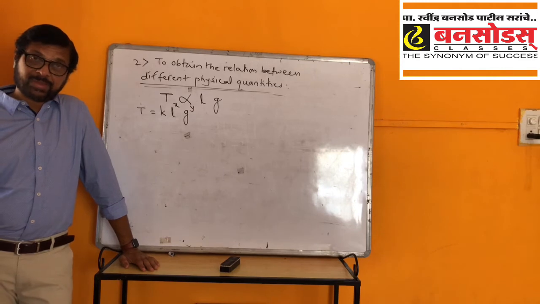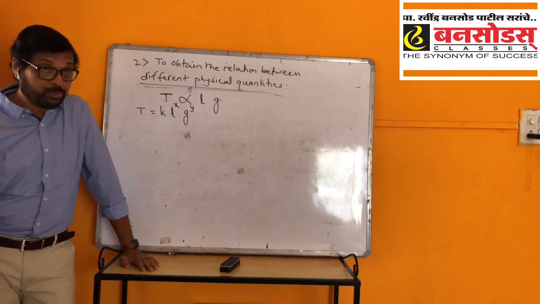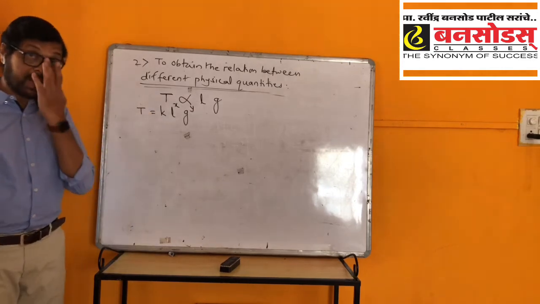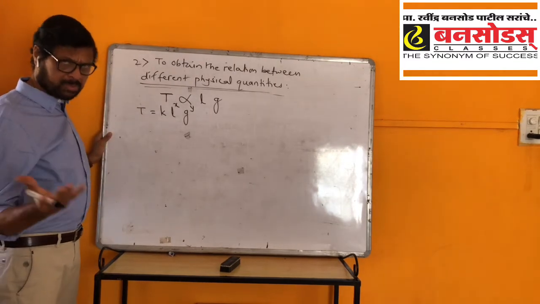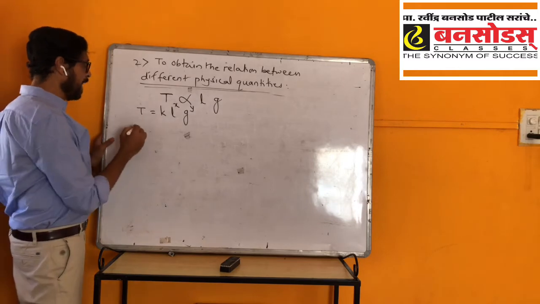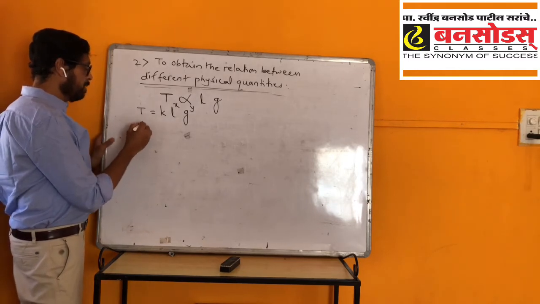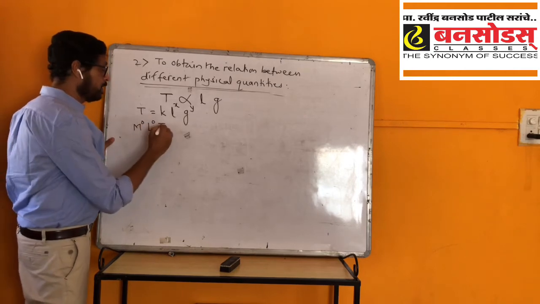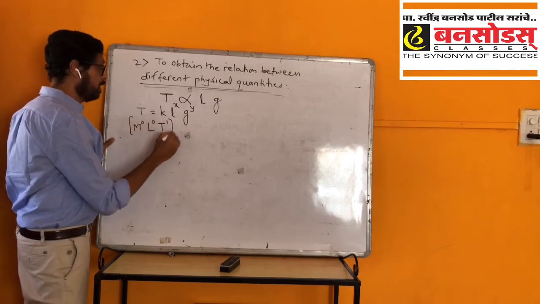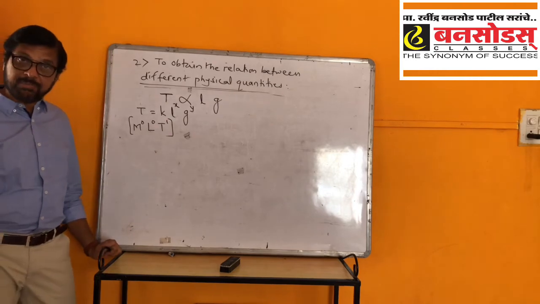Correct? Now, what will you do? You will put the dimensions. T is periodic time, means time. So what will be the dimensions of time? M0, L0, T1. These are the dimensions of time.